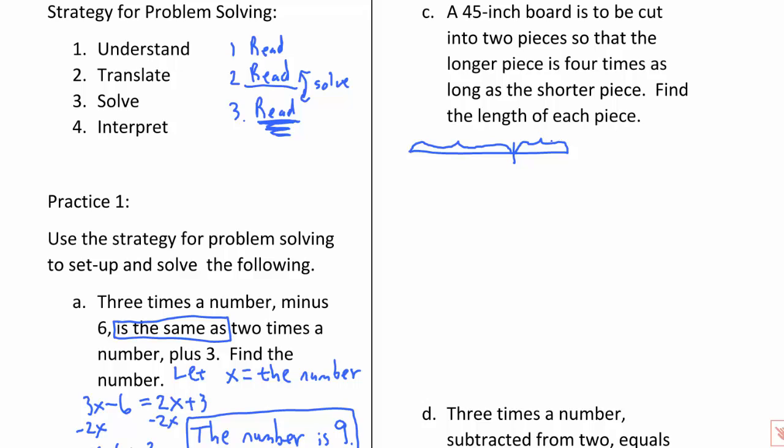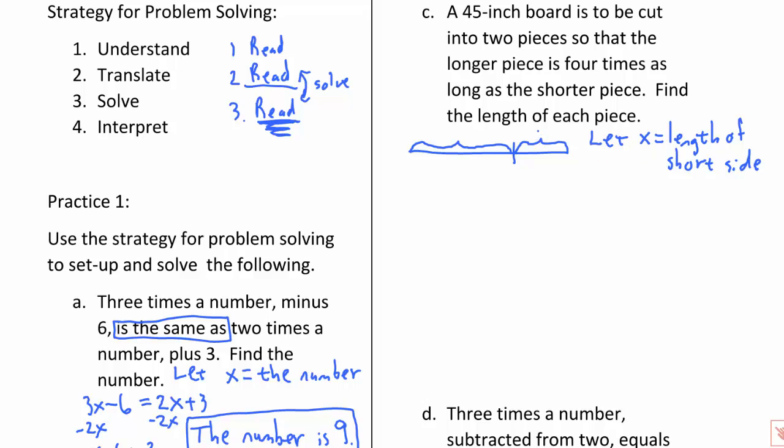Okay, if you said the shorter side should be the variable, you're correct. Or at least you're probably doing what I'm thinking of. Either side technically can be the variable. So what I'm going to do is define the variable: let x equal the length of the short side. Here's why.